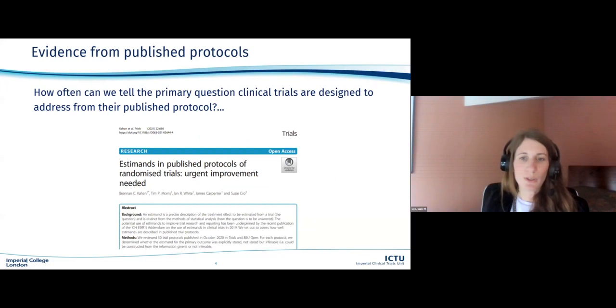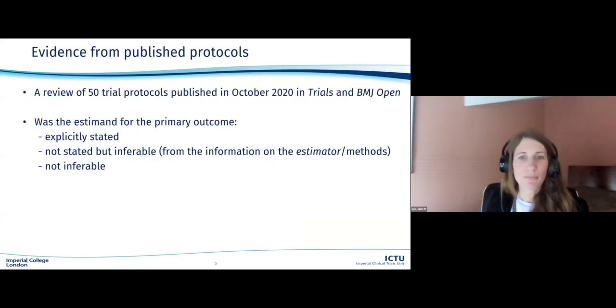The results are available open access already in Trials, so do feel free to look them up for further information following today, because I'm just giving you a summary of the headlines. In this review, 50 trial protocols published in Trials or BMJ Open in October 2020 were reviewed. For each protocol, we looked at whether the estimand for the primary outcome was explicitly stated.